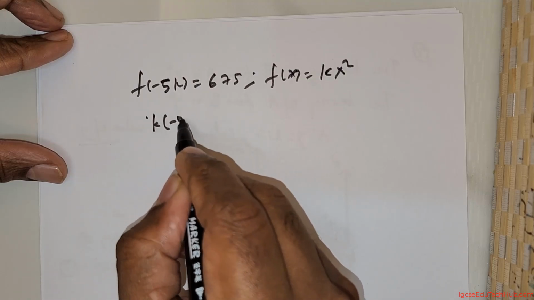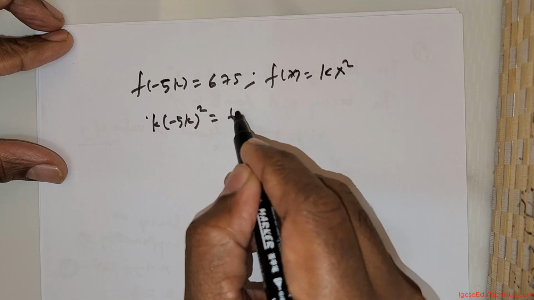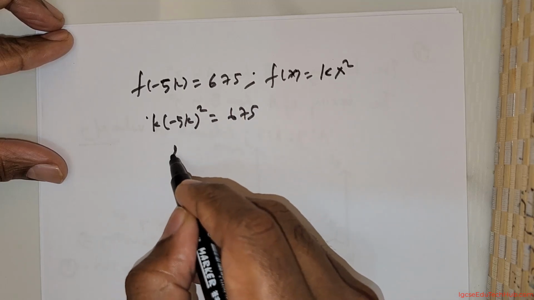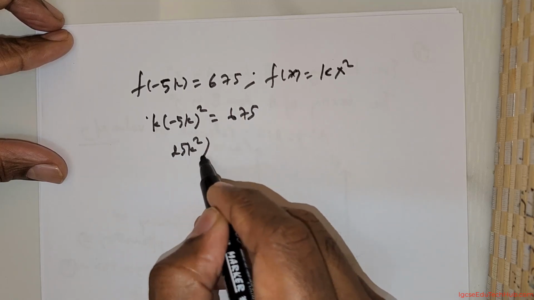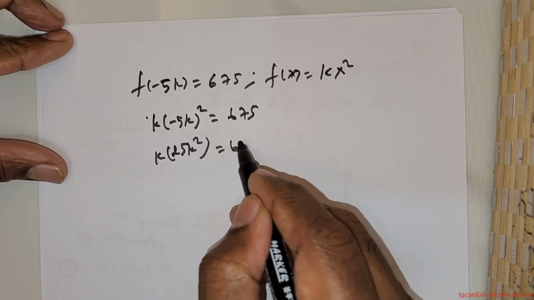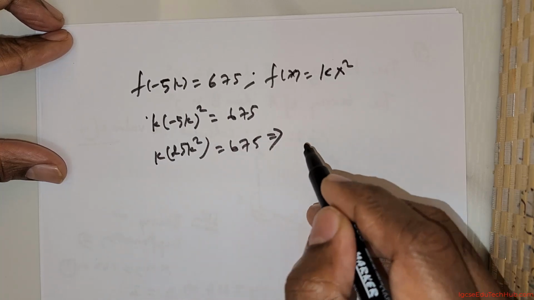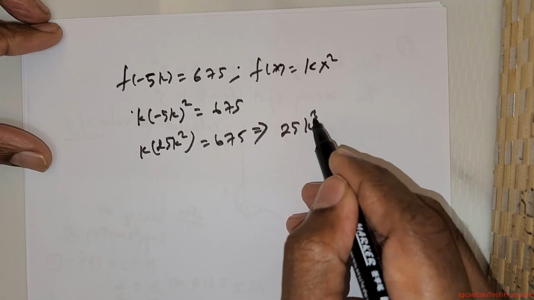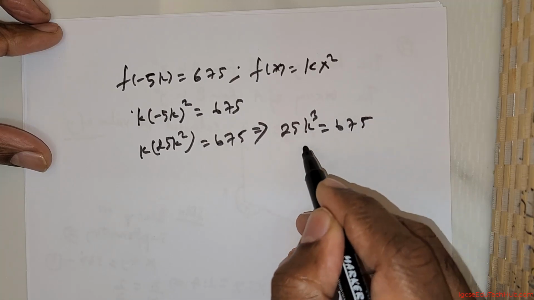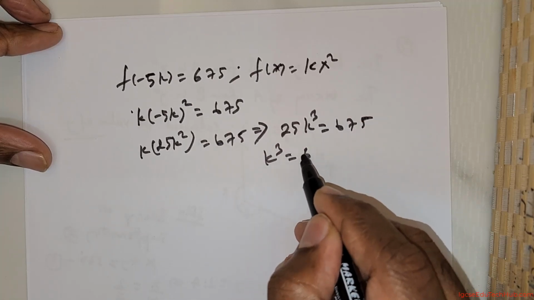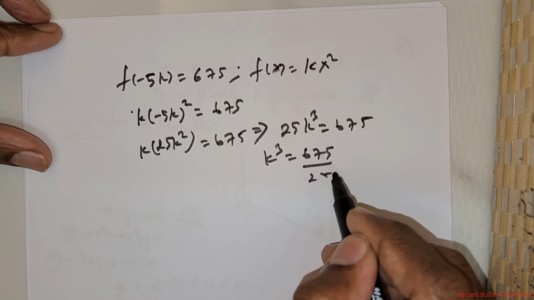So k times (negative 5k) the whole squared is equal to 675. So 25k squared, there is already a k there, is equal to 675. Now this means 25k cubed is equal to 675. This means k cubed is equal to 675 divided by 25.